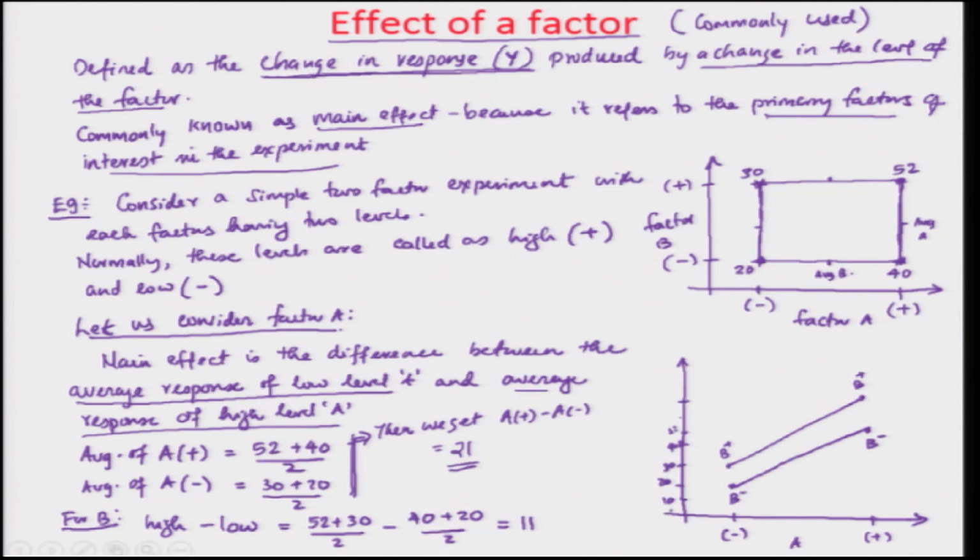Then for A, the lower values of A for two different levels of B are like this, and in the same way for the high level of B, this is how the response changes for A. This is another way of thinking about how the change in response happens for A at two different levels of B.